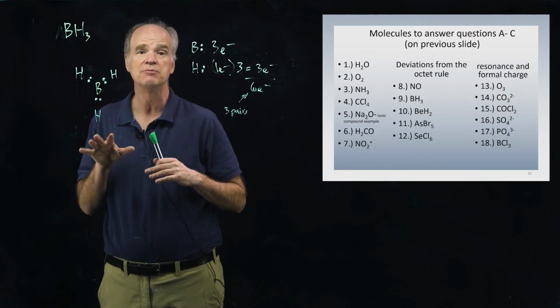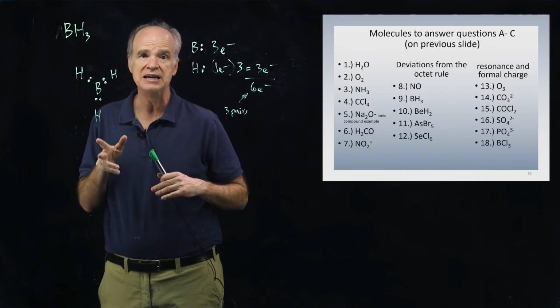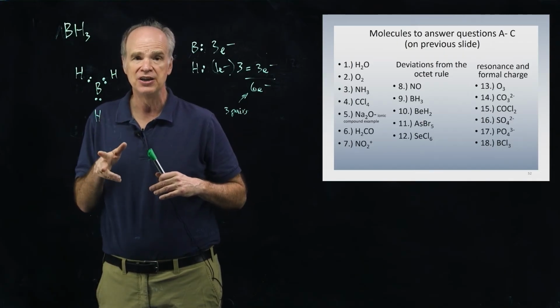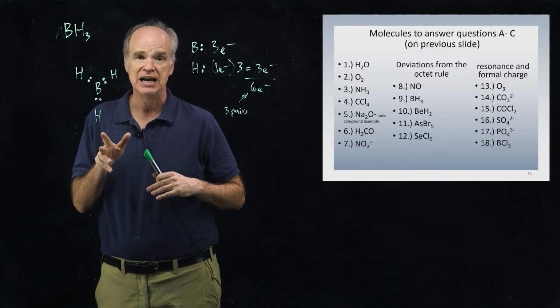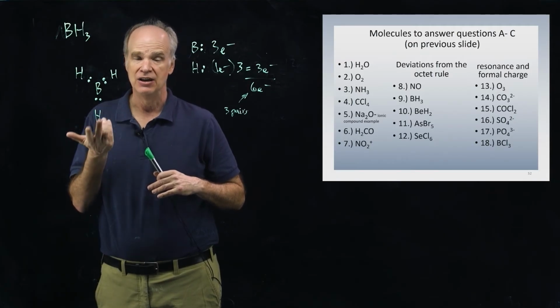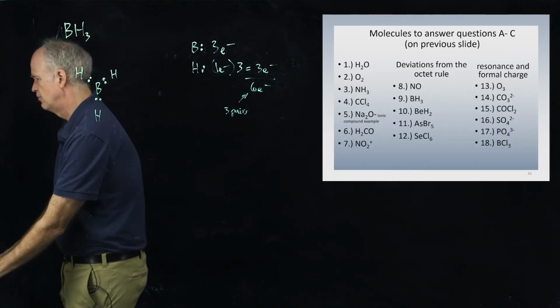Sometimes it does, but most of the time it does not. Boron is in group 3, and group 3 elements do not have to have an octet to be stable. They can have just 6 electrons to be stable. So let me point that out in the periodic table really quickly.